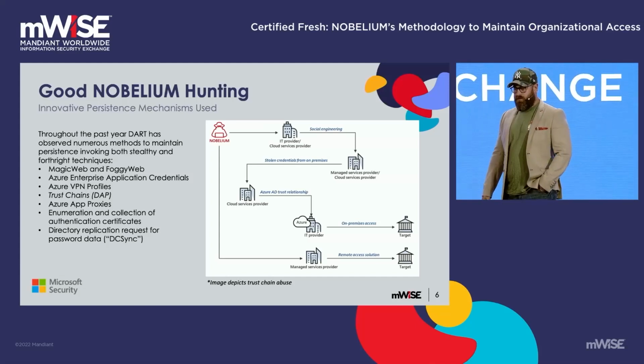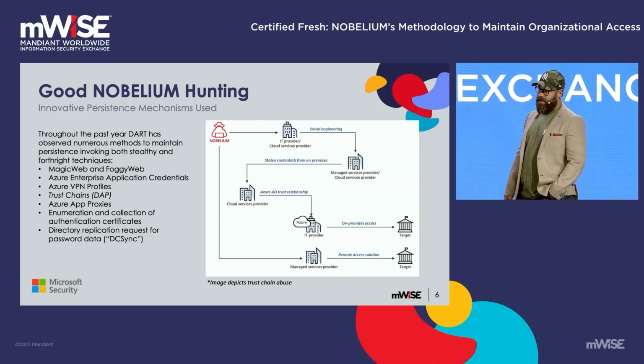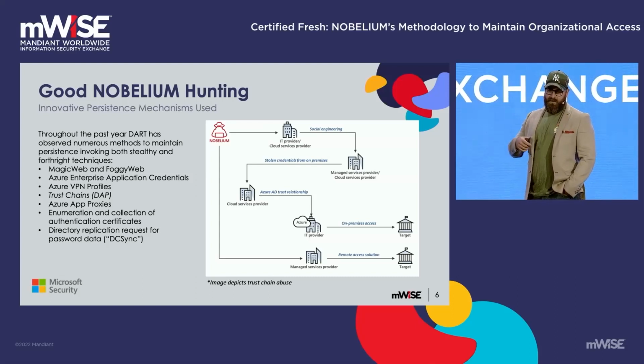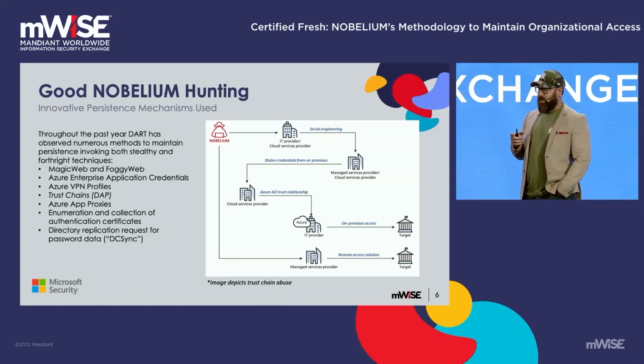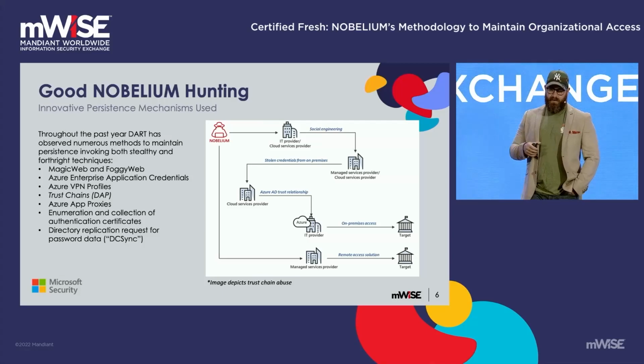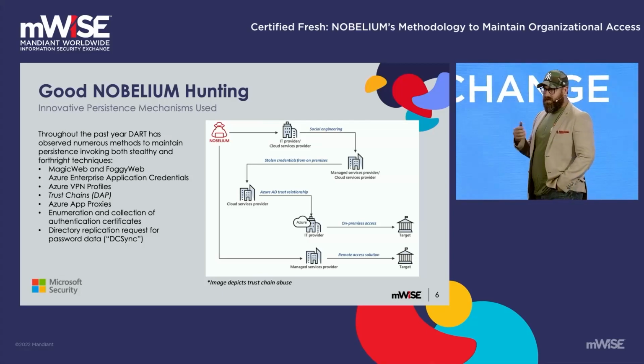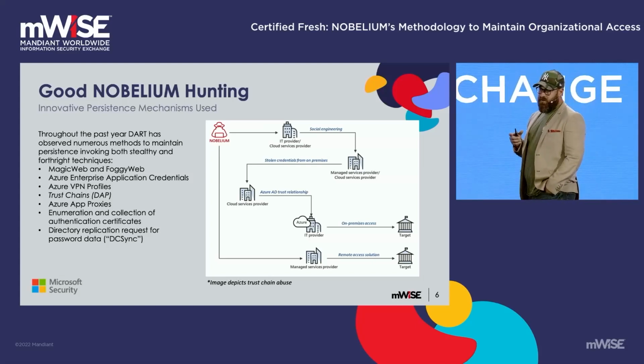Cloud service providers had an application or an identity at the root of the cloud service provider that gave them privileged access to their downstream environments. And what we see is trust vectors, time and time again, Nobelium executing and manipulating trust vectors.